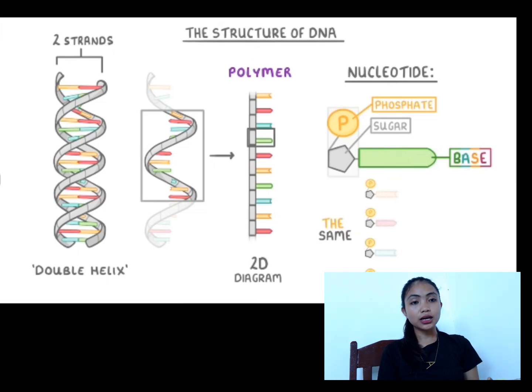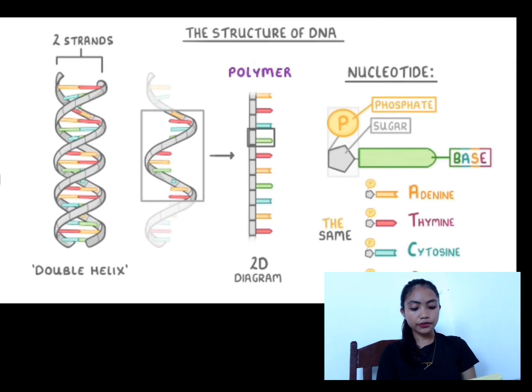But when it comes to bases, there are 4 different types, namely A, T, C, or G, which stand for adenine, thymine, cytosine, and guanine. And this means that there are effectively 4 different nucleotides in DNA, one type for each of the 4 different bases.